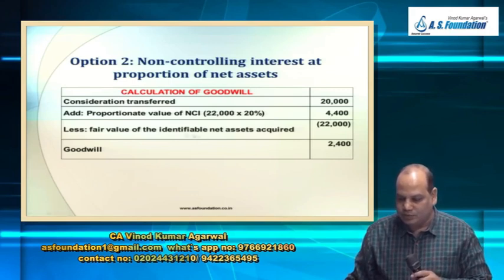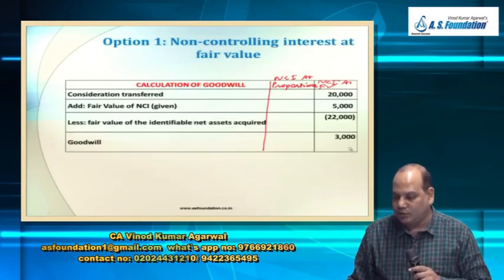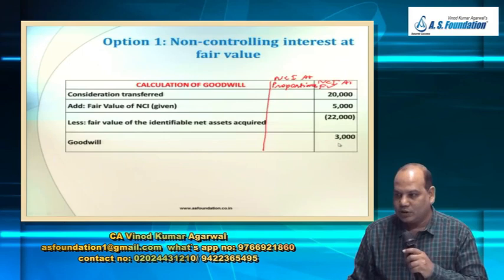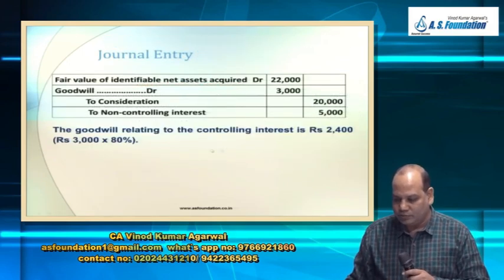Point C, write down less fair value of identifiable net asset, 22,000. Right? Then write down goodwill. Goodwill in proportionate share in net asset column 2400, and in fair value column goodwill is 3,000. Is it right?